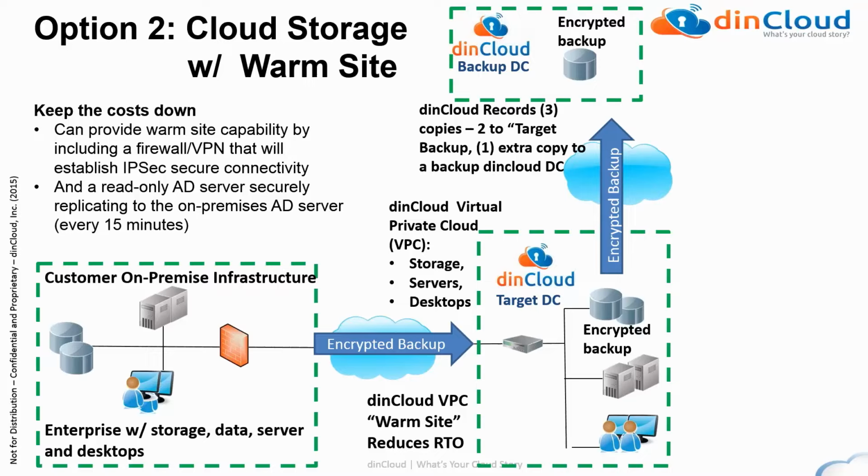If there's an issue with your primary site, then it would fail over to the dinCloud infrastructure. There are several ways that we do that. Again, we stick with the 3 copy mechanism of your actual data and 1 backup copy that is replicated to a different data center. Everything is stored in a virtual private cloud, if you will, where you have your storage, servers and desktops all hosted inside your virtual private cloud.